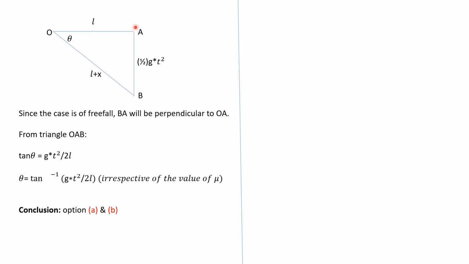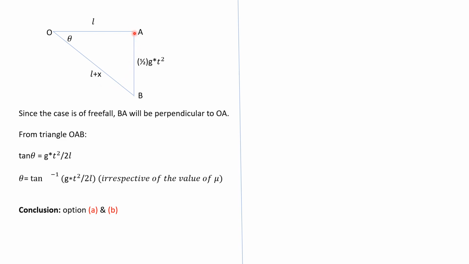The initial position of the bead was at A, and B is the position at time t. Since it is a case of free fall, the bead will be falling straight down, so BA will be perpendicular to OA. We know OA is L, and OB we have taken as L plus x, as you can see on the previous page.